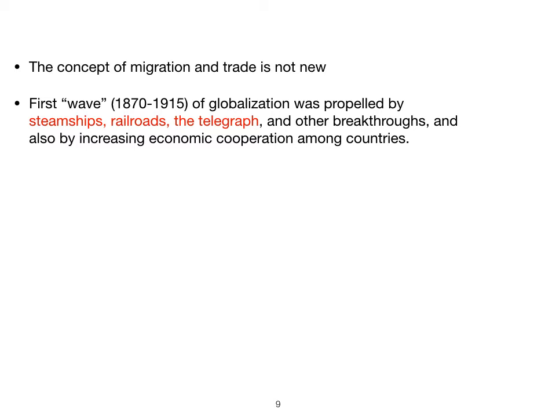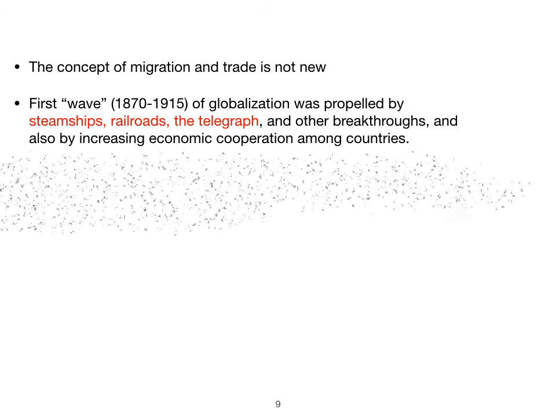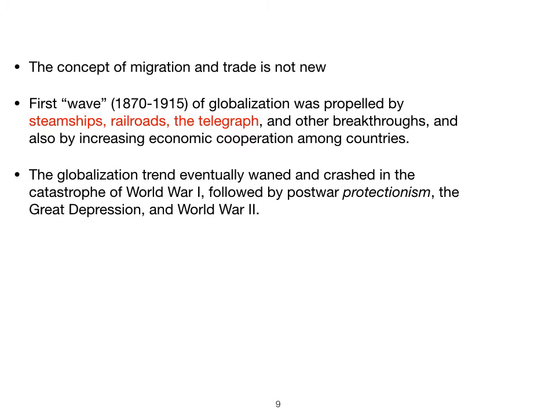This was the breakthrough period, and this is why the industrial period was revolutionized and increasing economic cooperation between countries was witnessed. This was the turning point. But eventually it came to a standstill during World War One and Two. It really affected the globalization process.